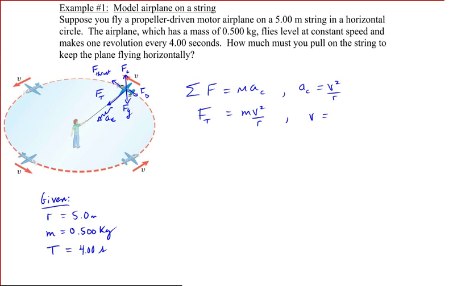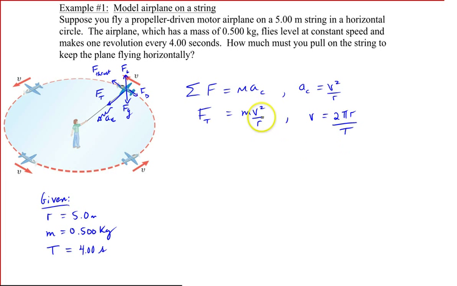And the circumference is given by 2 pi r. And the time that it takes to make one revolution is called the period. So you could either calculate this right now, plug in your r and your period of 4 seconds and figure out what the speed is. It's going to be probably around 7.85 meters per second.